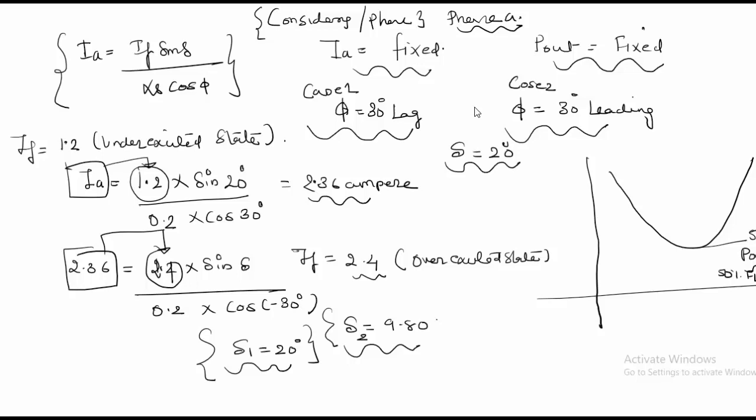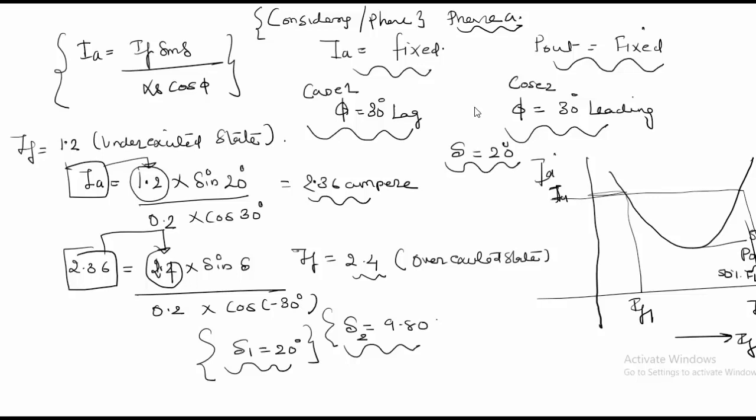And so correspondingly, for the same IA, I will get two values of IF. This is how my IF, or the field, will vary, and this is how my IA will vary.